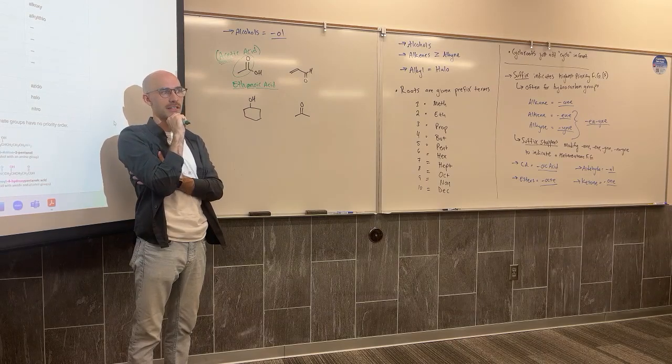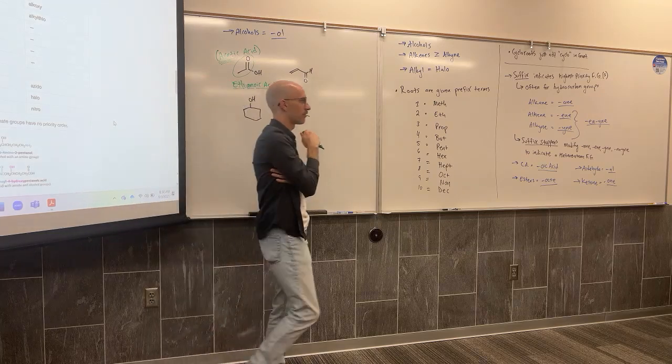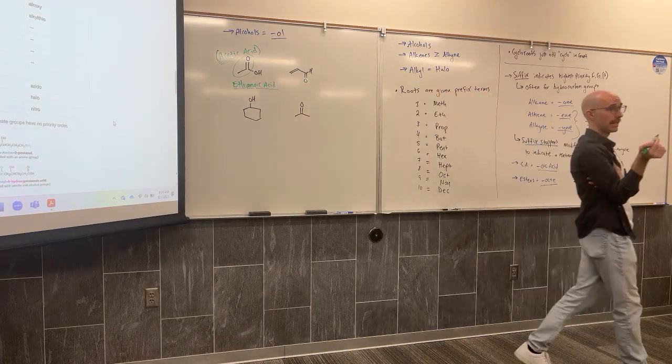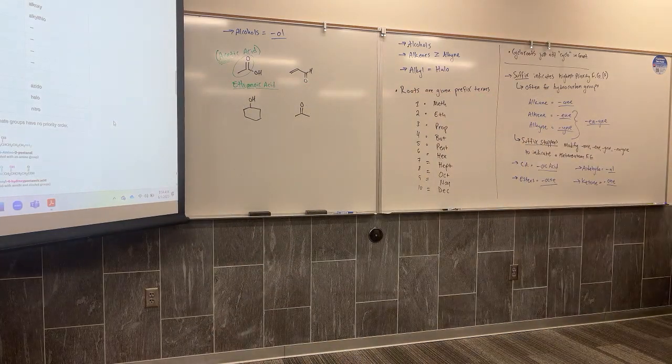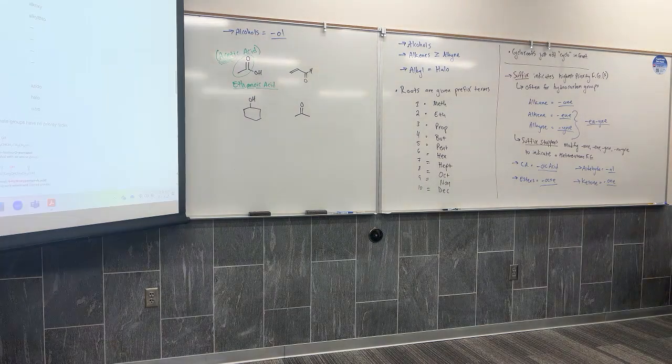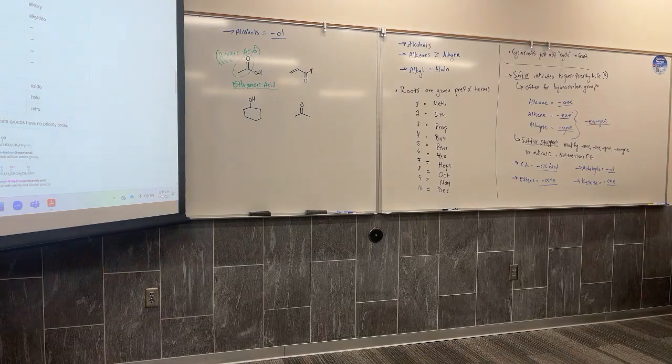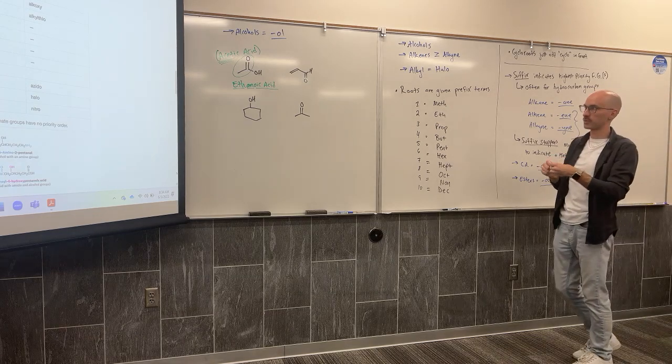I don't like common names. I think that it kind of steals from us being able to communicate. Acetic acid is something that everybody knows. It's a part of vinegar. But with ethanoic acid, you don't have to guess: 2-carbon root with an alkane and a carboxylic acid functional group.